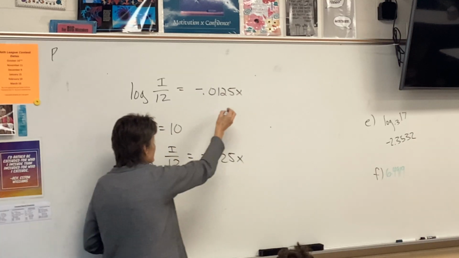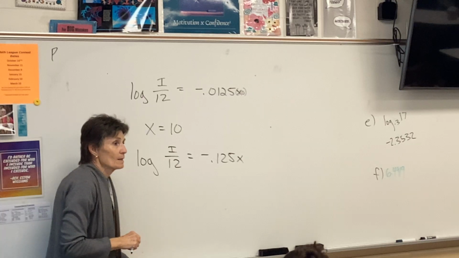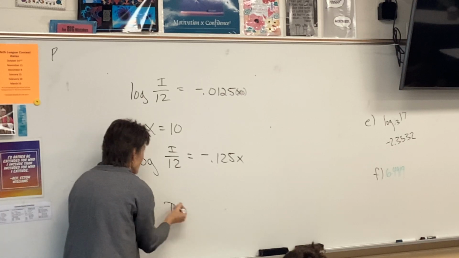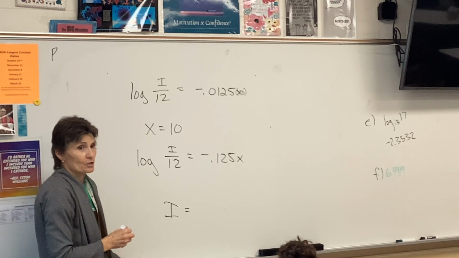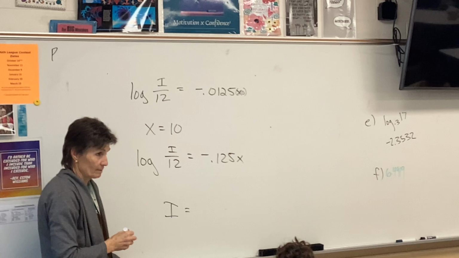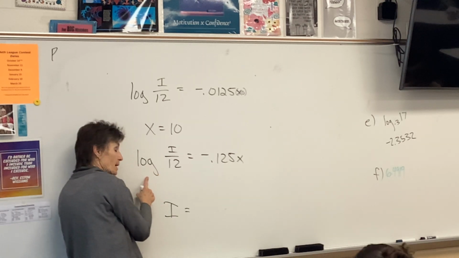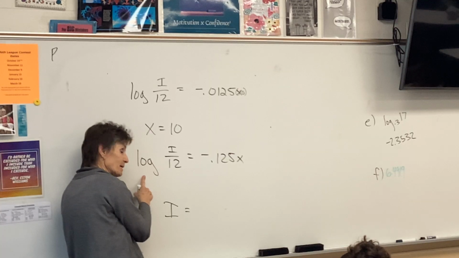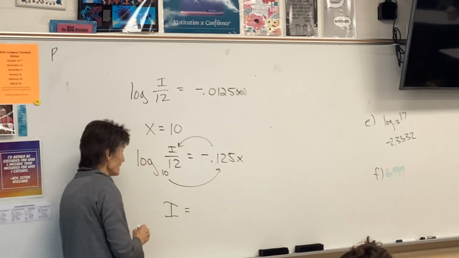So I'm just going to times this by 10. That's that right there. The issue is you're trying to solve for I. So we have to get rid of the logs. That has to go away. And the only way to make it go away is to loop de loop. That's how we do it.